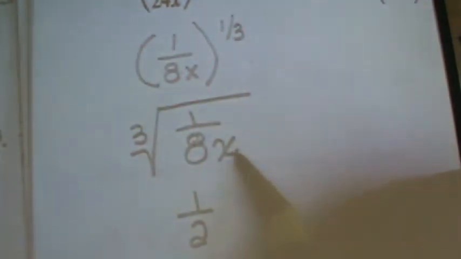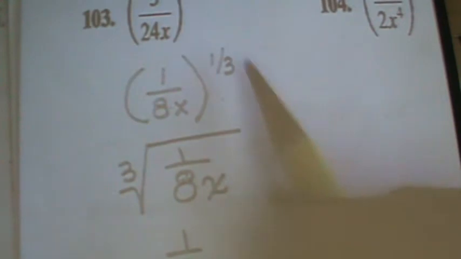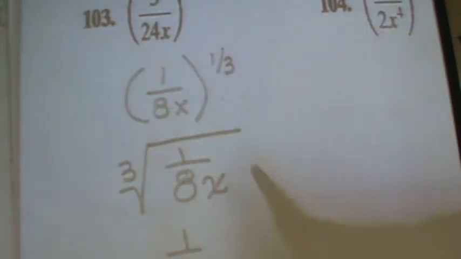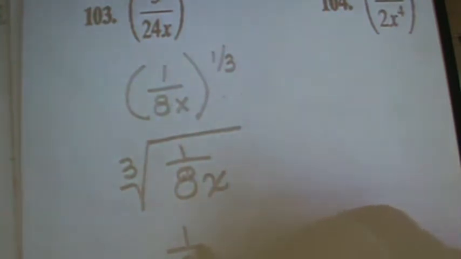That's the cube root of 1/8, but then you still have this down here. So I would leave that in the bottom. You could do that.